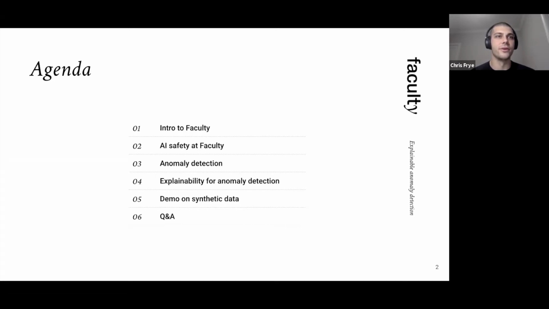And after that, we'll discuss explainability and how we think it should be done in the context of anomaly detection. And finally, I'll go through a simple demo on synthetic data, showing what can go wrong if explainability is not done correctly. And then at the end, I'll look through your questions and answer as many of them as I can. So feel free to post questions throughout the whole talk, but I will save those for the end, so I won't see them until the last 15 minutes or so.